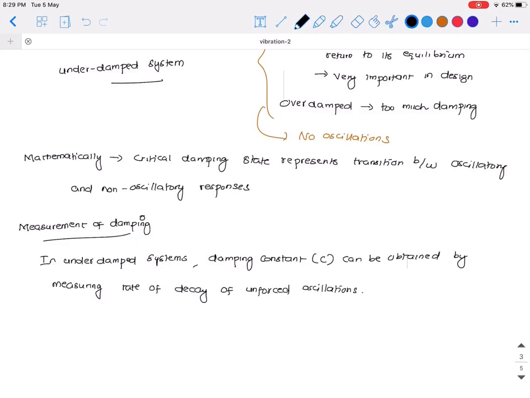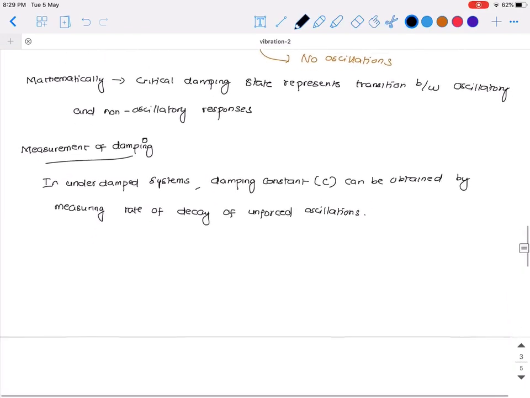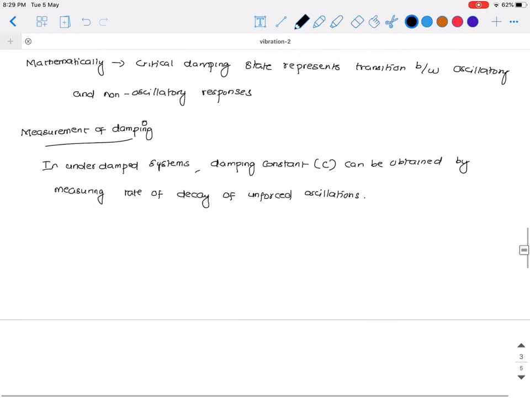Okay, by unforced we are considering currently free vibration, so by unforced we mean there are no external forces acting on the system. Okay, so this is given by the logarithmic decrement.